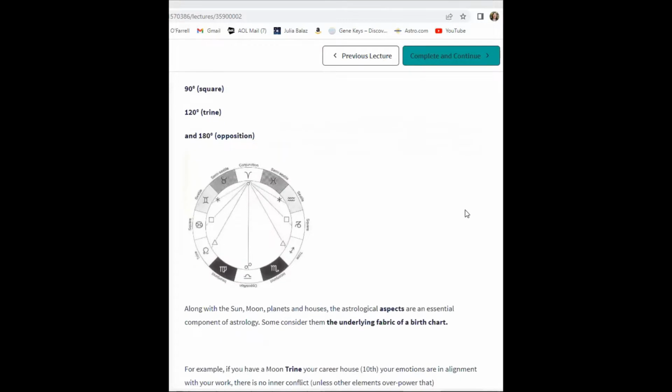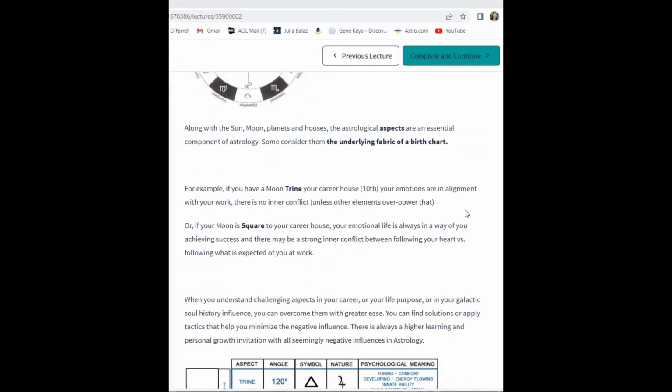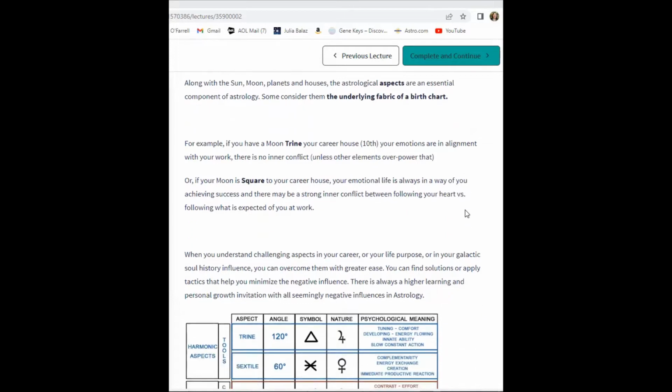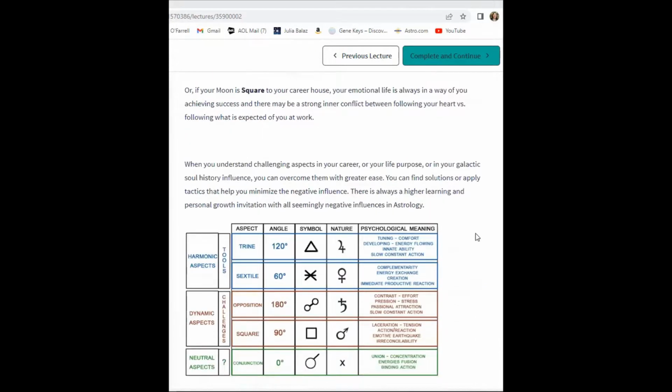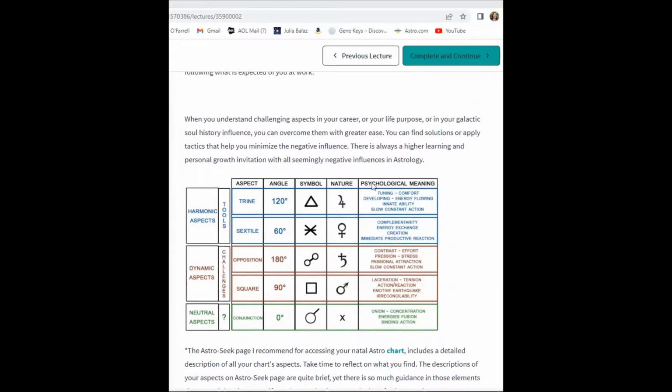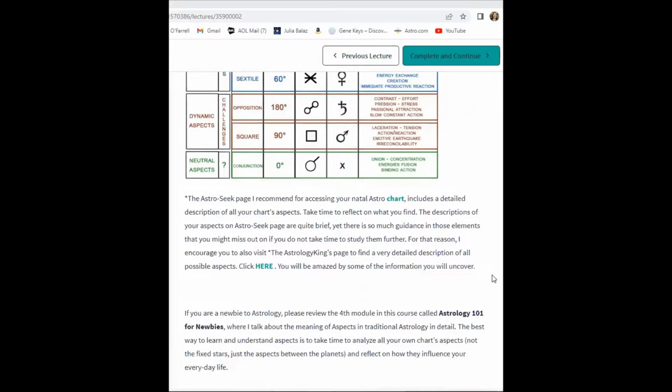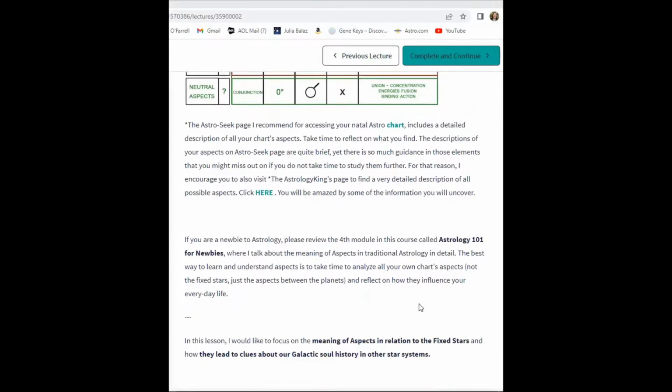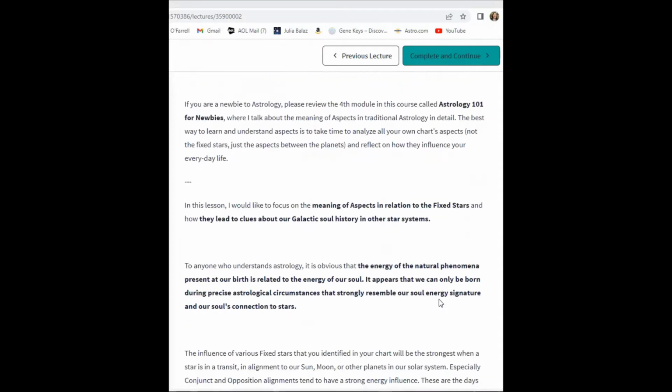So you have a nice visual. And I love how she said, some people consider these aspects as the underlying fabric of a birth chart. Don't you love it? So she goes into some beautiful definitions of what it is, and she refers to Astrology 101 for newbies.